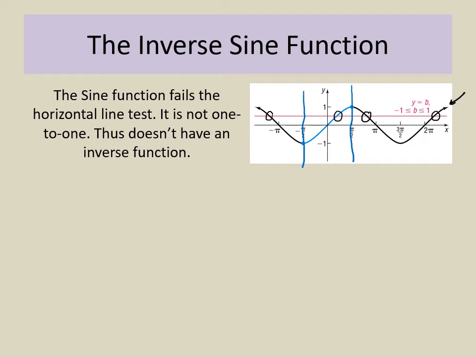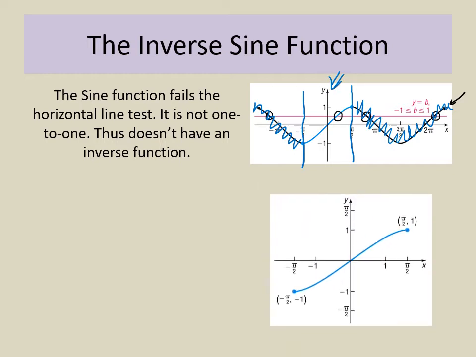And if I, let's say, magically erase this part here and this part here, this is what we mean by restricting the domain. If we just look at this and magnify that, like so, then it is a one-to-one function.